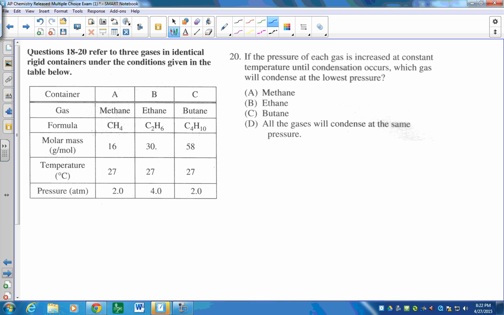If the pressure of a gas is increased at constant temperature and condensation occurs, which gas will condense at the lowest pressure? And the question is, remember now, phase changes like condensation are related to intermolecular forces.